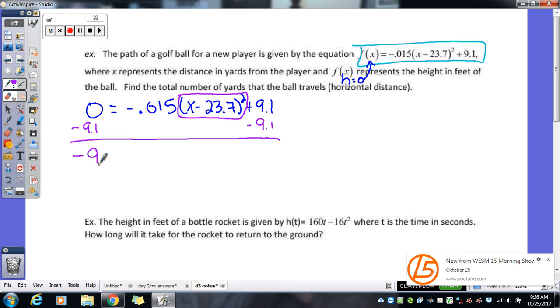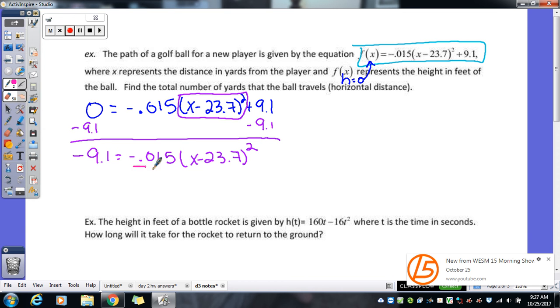So I have negative 9.1 equals negative 0.015 times (x minus 23.7) squared. So now how do we get rid of that negative 0.015?